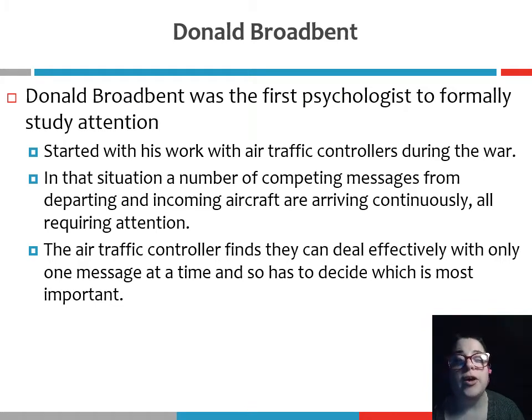Donald Broadbent was really intrigued by this, and he wanted to better understand how these air traffic controllers are, number one, able to attend to all this information, but number two, how they are able to choose which message is most important.